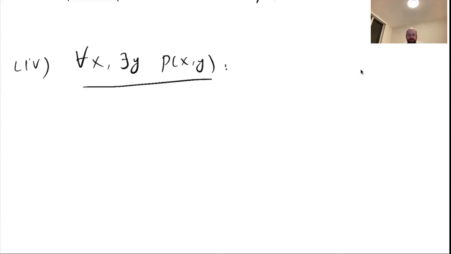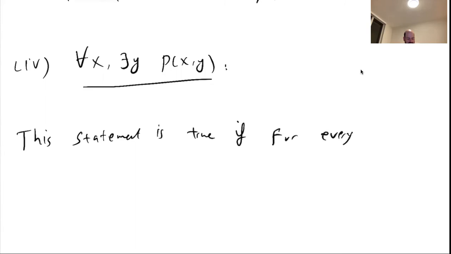So depending on the context, we may need these types of nested quantifiers. This statement is true if for every x, p of x and y is true for at least one y.